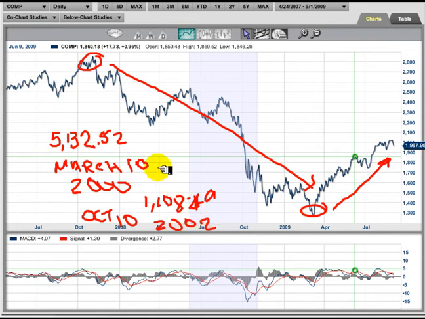So you can see a pretty dramatic fallback. Well, a subsequent rally from the lows here took the market up to this point here. That was practically a 50% retracement from the lows seen in October to the highs we saw just in 2007.